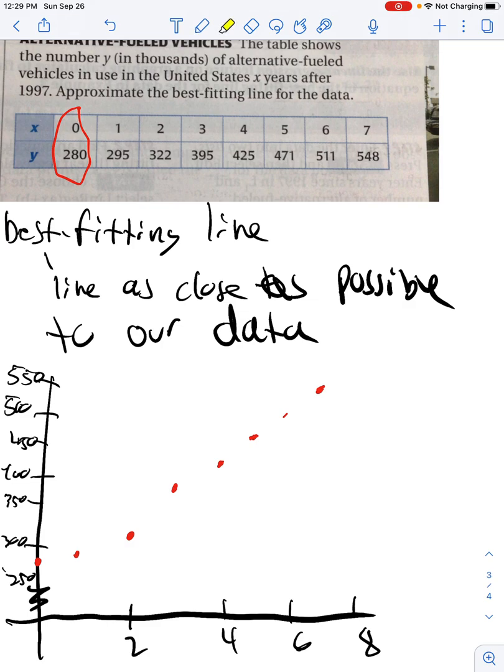So if I were to just sketch a line out, I would say my line's going to be something like this. That looks somewhat linear to me, and rather positive in nature. So what I'm going to do is choose 2 points that appear to lie on the line.